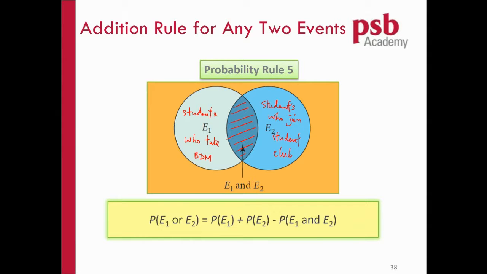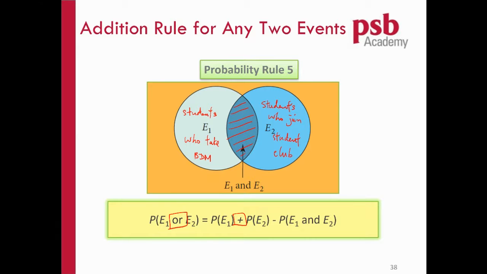So there may be students who take BDM and at the same time join the student club, so they are inside here. When you have these overlaps and you want to find all, you have to be very careful. All always means plus, no problem. But take note that this group of people inside this, they appear here, they also appear here.